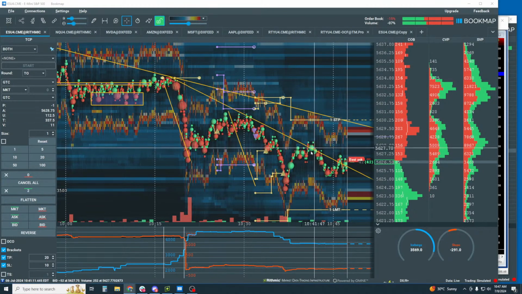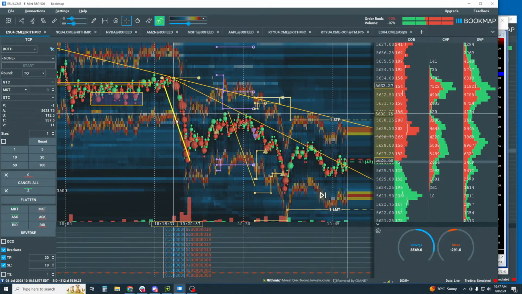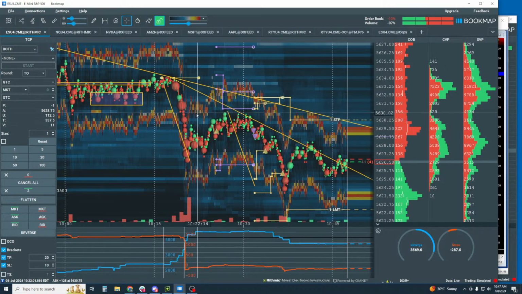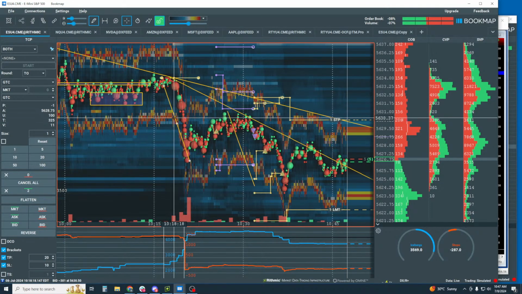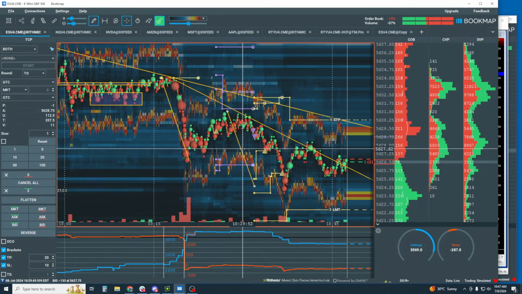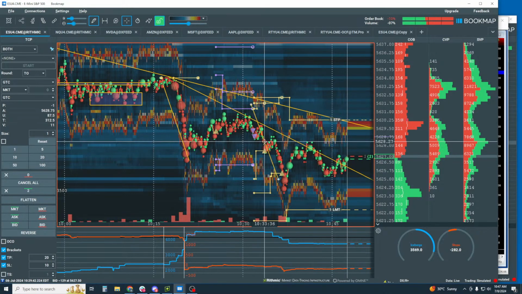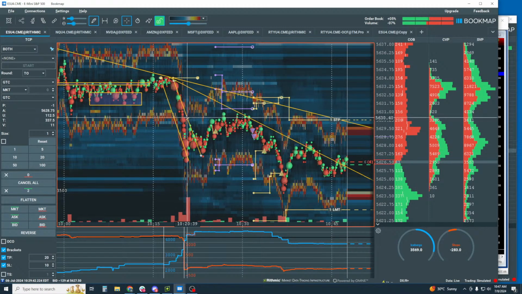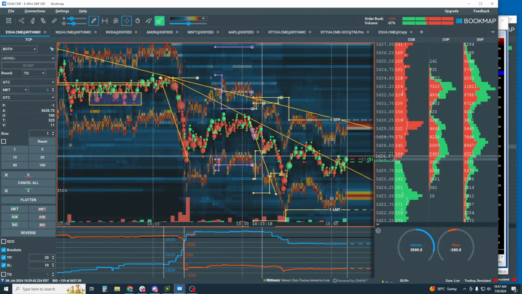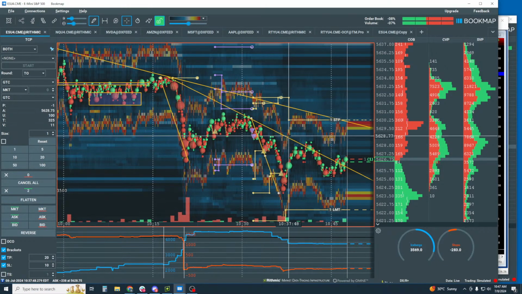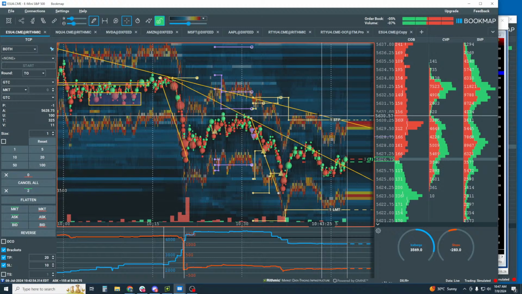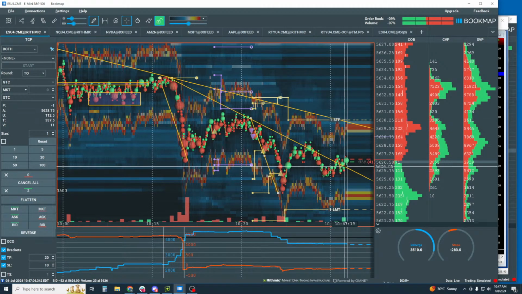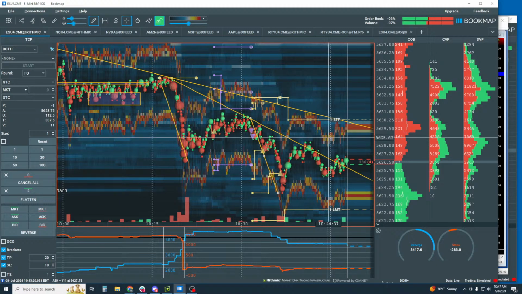Okay, let's go through this process again now. This was a measured move in here, right? And we made another one right here, and it's actually pretty equal to the first one, right? So that's pretty bearish. Even though we see this buying starting to come in and it's testing this trend line in here, this is pretty bearish.